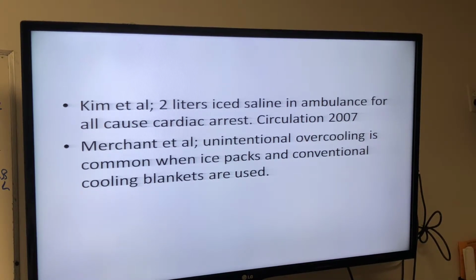So he decided to do a study where he uses 33 versus 36 degrees and see what's the difference. And he found that the 36 and 33 are equal. There's no difference between 33 and 36 degrees. So he concluded that probably 36 prevents fever, and that's what happened. You know, that the fever is what worsened the outcome.